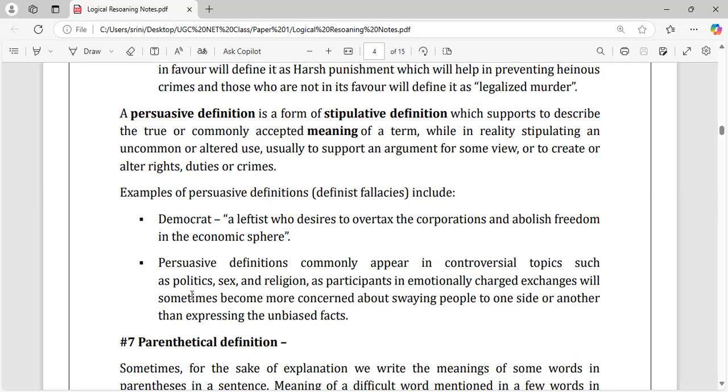Democrat is a word, and we use terms such as, by democracy we mean overtax of corporations. So now we have tax, even for used cars. If we buy used cars, again we have to pay taxes.